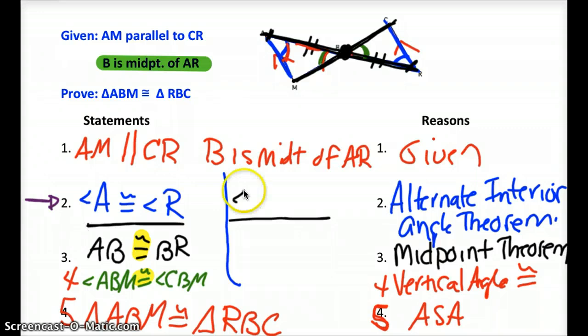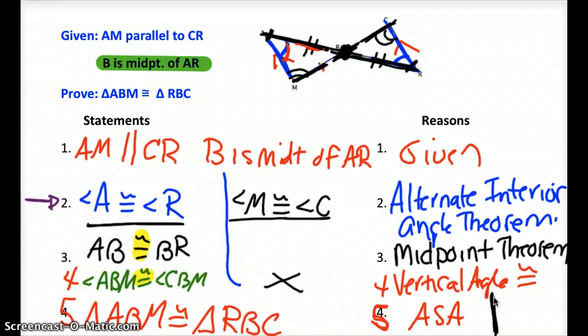You could have also had angle M congruent to angle C. Then those 2 would have been marked. You would not have needed the vertical angles at that point. So these would not have been marked. And so then you wouldn't have needed this step here. So then you could have done it in 4. Your reason would be different then, because you'd have angle, angle, side.